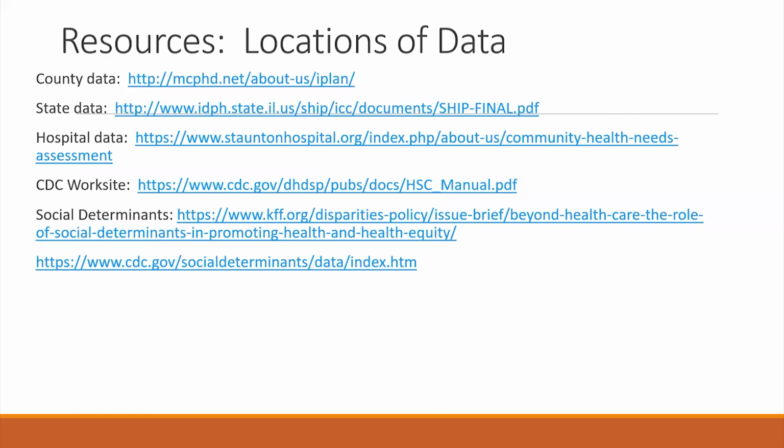And then resources, our locations of data. Where can we find some of that data? And just get out there and do some research and see what's out there as best practices. Break up the education a little bit as we continue to move this along, and start to look at things a little bit differently.